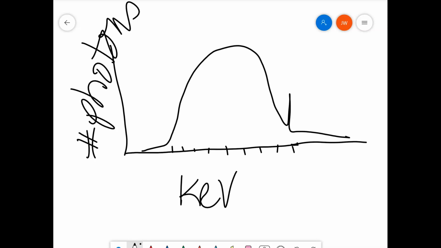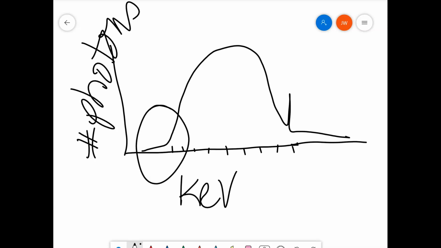Now, here's what happens with filtration. These photons created at this end of the spectrum are weak, and they're not going to make it through the patient. They're going to be absorbed in the skin. So if we can filter those out, if we can absorb those before they reach the patient, we are reducing the total number of photons in the beam.